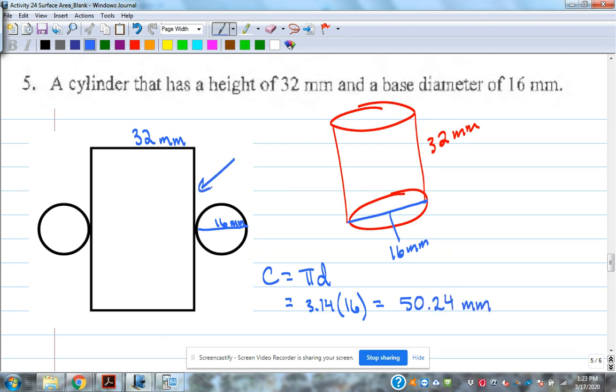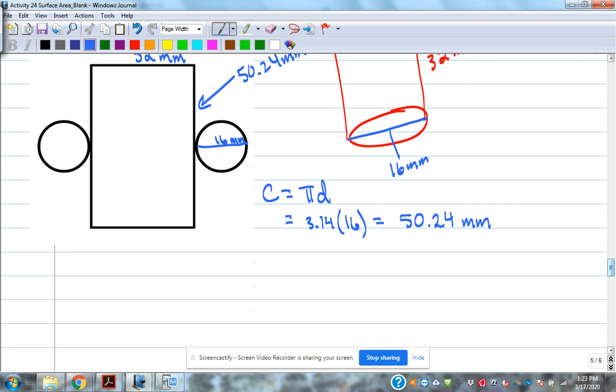So that's this length right here. All right. And again, don't use the pi button on your calculator. Use 3.14. We're rounded to 2 decimal places anyway, so that'll help us out there.